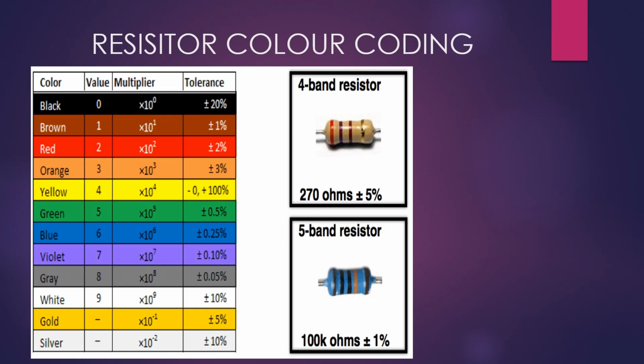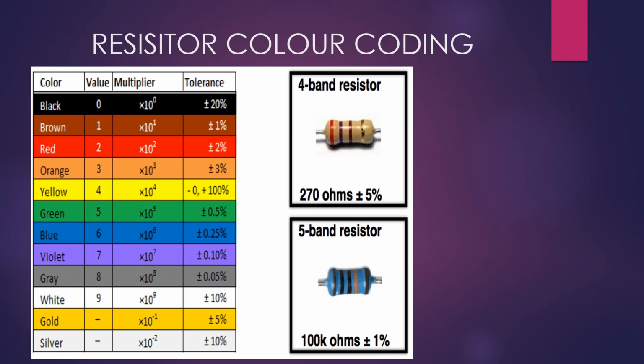After that 27, we have 1 zero, which means our multiplier has a power of 1. As you can see, the multipliers there go from 0 up to 9 for the colors of the first 3 bands that we use in our resistors. So that 0 is our multiplier.